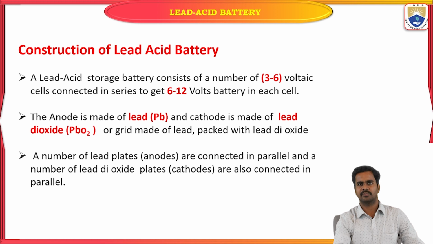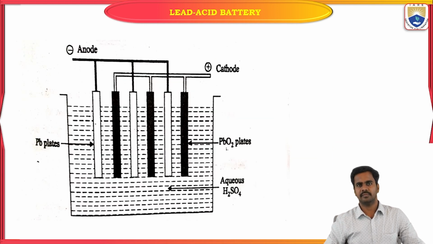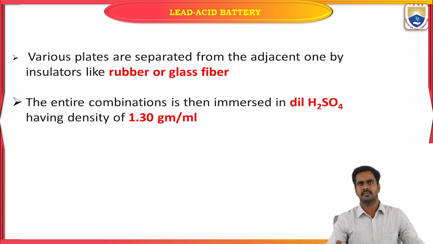A number of lead plates are connected in parallel, and a number of lead dioxide plates are also connected in parallel. These plates are separated by insulators like rubber or glass fiber. The entire combination is immersed in dilute H2SO4 having a density of 1.3 gram per milliliter.